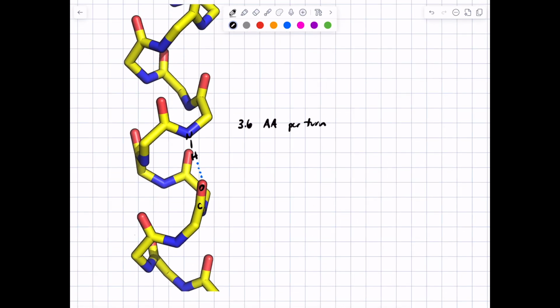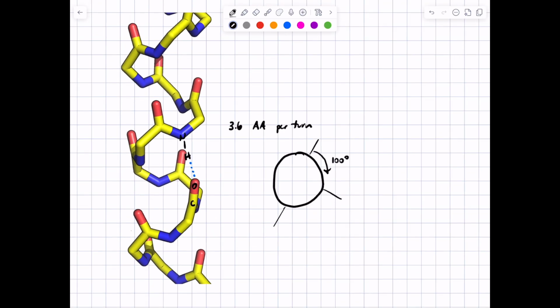If you look down the N terminus and you visualize a helix, what this means is that there is a side chain sticking out of the helix basically every 100 degrees that you go around the circle. So here's one, and then there should be another, and then there should be another, and so on.